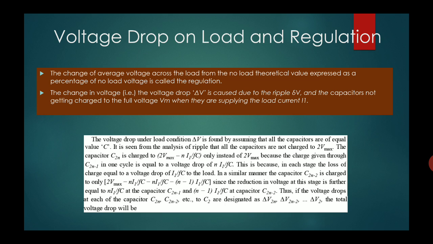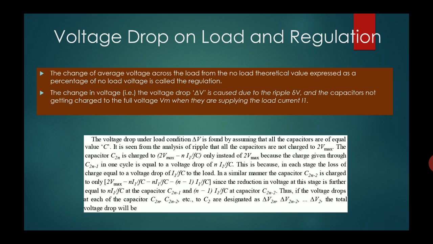The capacitor given by C2n, that is the even number capacitor, is charged to 2 Vmax minus n I1 divided by fC only, instead of 2 Vmax.